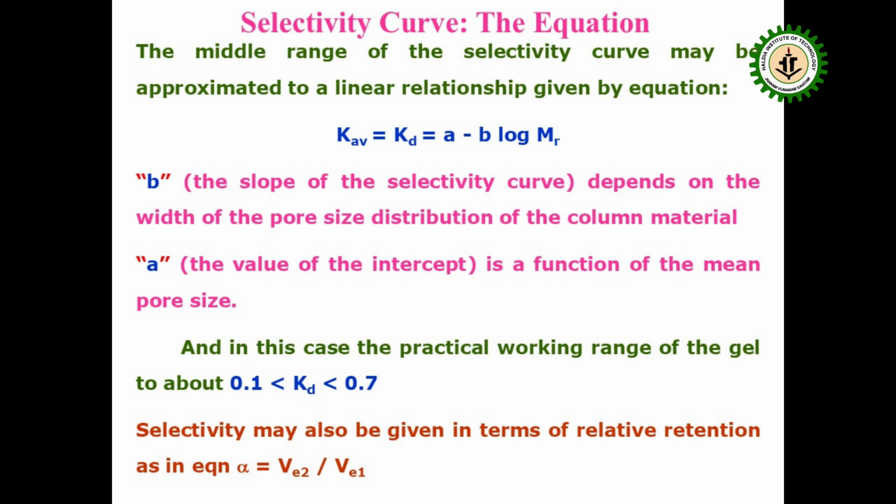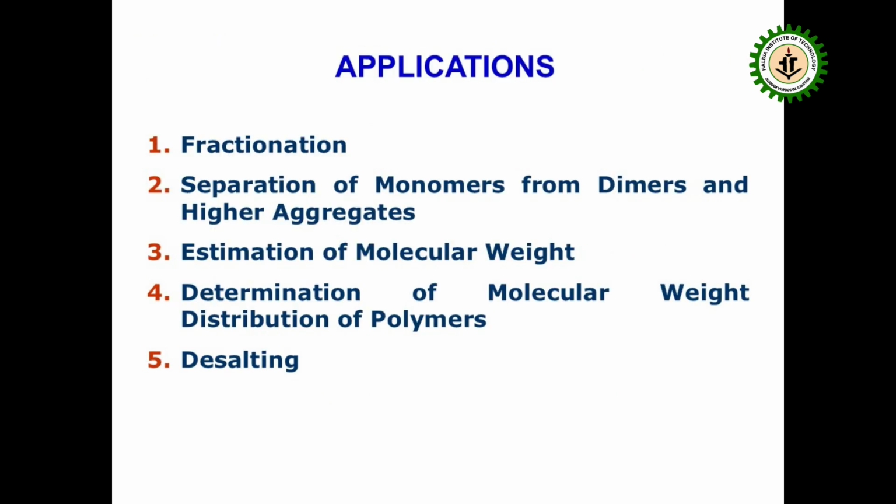Selectivity may also be given in terms of relative retention as an equation, alpha equals VE2 divided by VE1. Applications of gel filtration chromatography. First is fractionation. Fractionation means we can get fractions of the different molecular weights of the species.